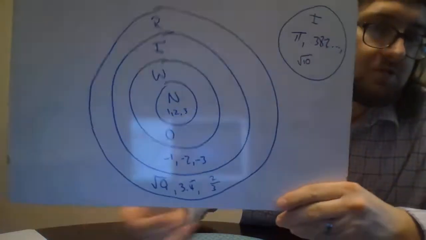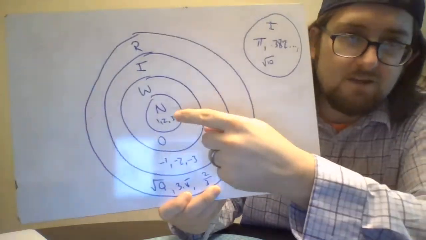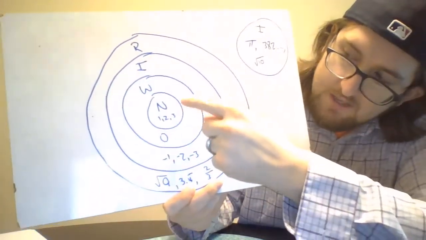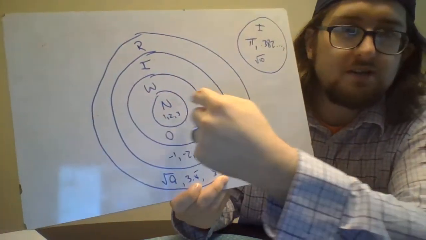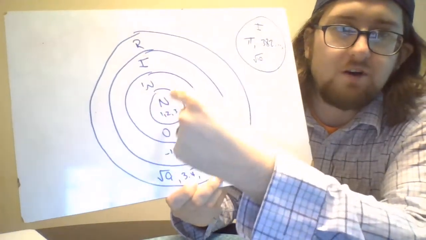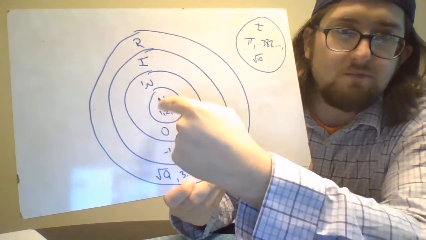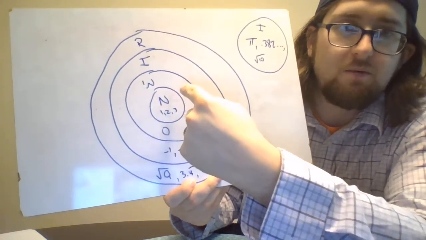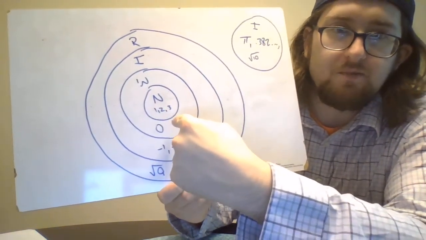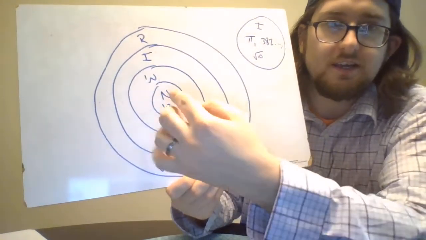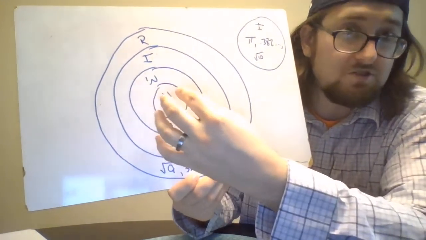So I made this diagram for you to make things a little bit easier. If you start in the middle, you've got N for natural, and that's 1, 2, 3. Then you've got W for whole. Notice this circle goes around the natural numbers also, because all the natural numbers are included in whole numbers. And what do whole numbers add? 0. The next circle is integers, again around the whole and natural because they're also integers.